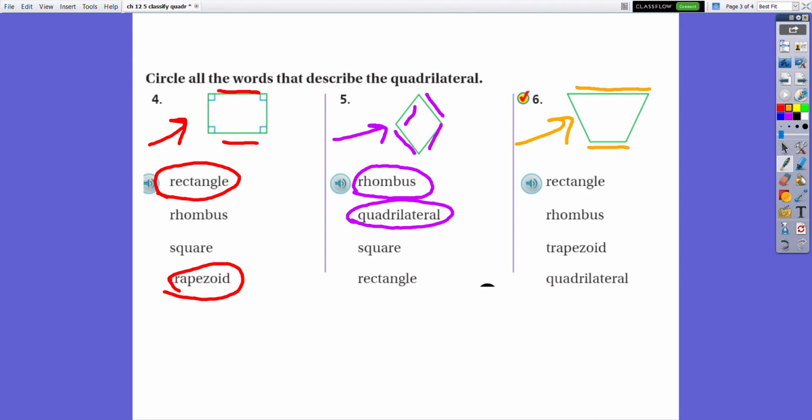Is this a trapezoid? Yes, this is a trapezoid. Why? Because a trapezoid has one pair of parallel sides, this one pair, only one pair. Is this a quadrilateral? Of course, without even thinking, because this shape has four sides, four angles. Got it? Super easy.